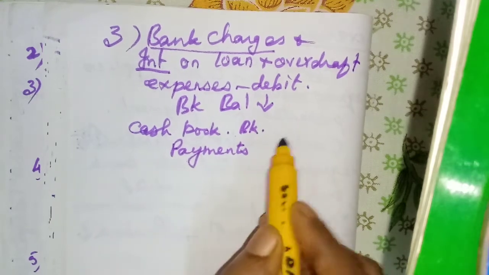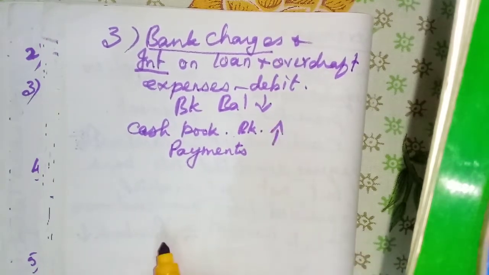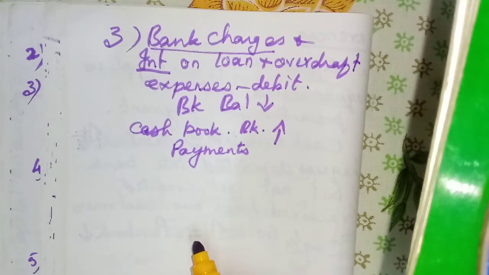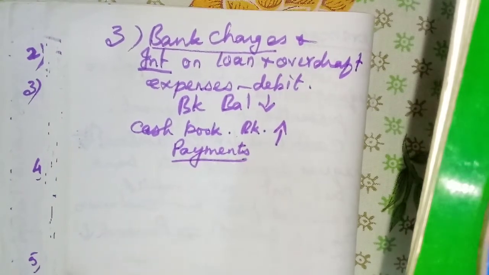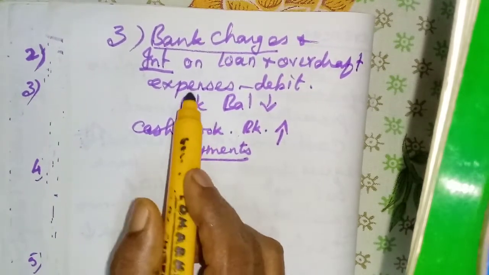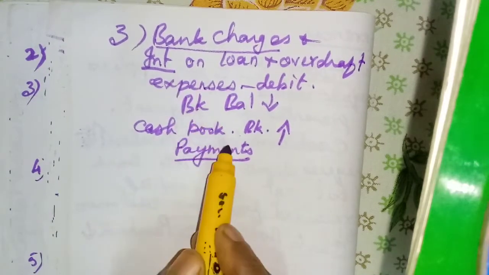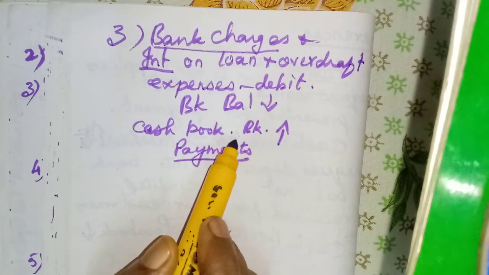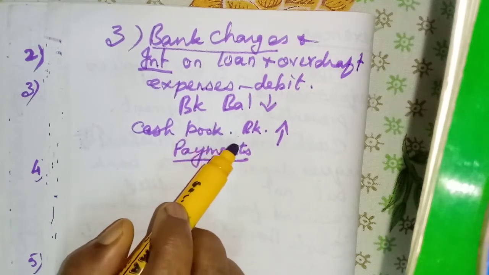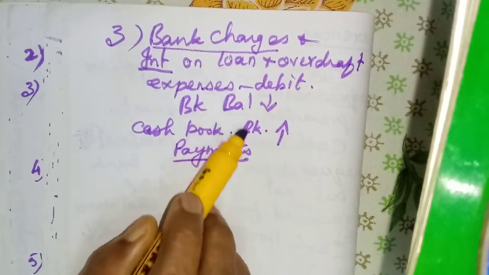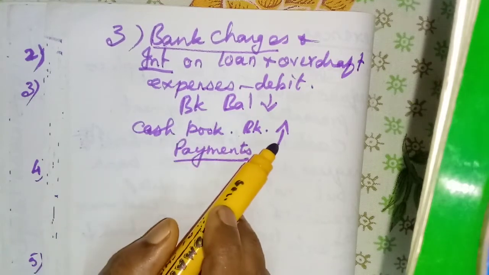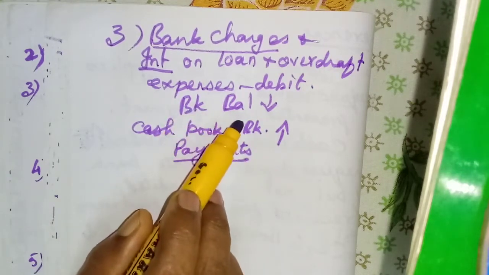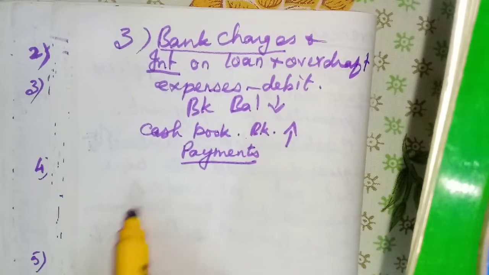So in the cash book we will have a higher balance, because we have not entered these payments. But the bank will charge first. Once we receive the bank statement, only then can we enter it in the cash book. So due to this also, the cash book shows more balance and the bank passbook shows less balance.